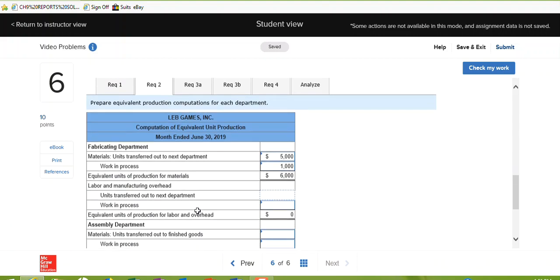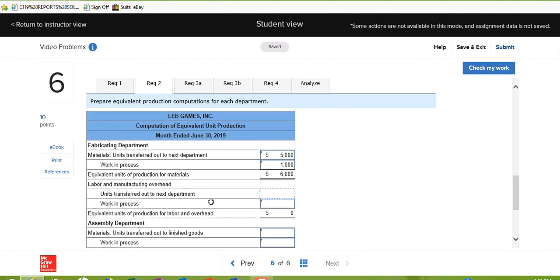I have to think through this. Our units transferred out to the next department, as far as labor is concerned, they're finished, because if they weren't, you would still have them there. You can't add labor to something that you've transferred out. So the units transferred out to the next department in terms of labor are 100% complete. So all 5,000 of those units were finished as far as labor within the fabricating department. So they all get transferred out.